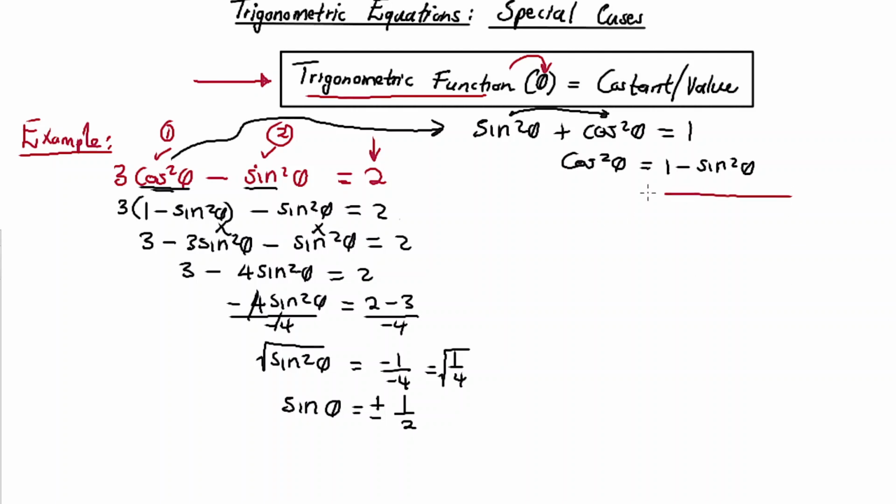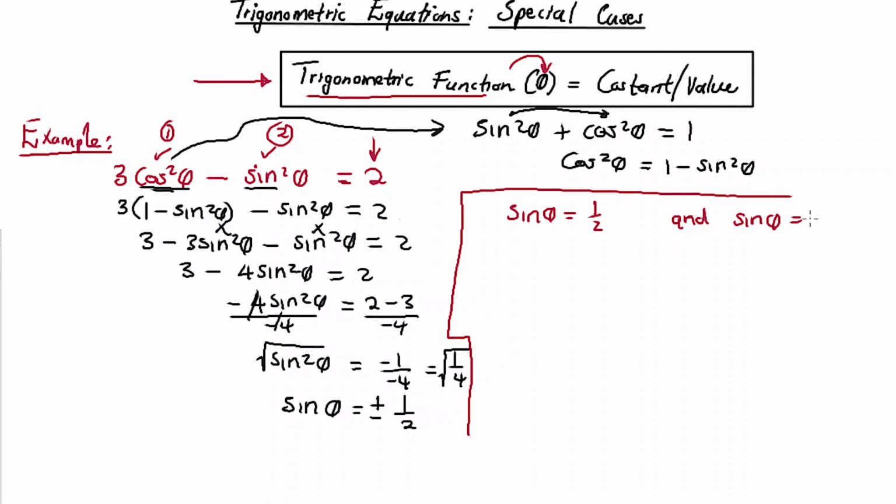Now we can actually get our solution, but your solution is split into two. You have the positive half and another, sine theta that is a minus a half. So I need to work out the solution for this and work out the solution for this. We start off by getting the reference angle.